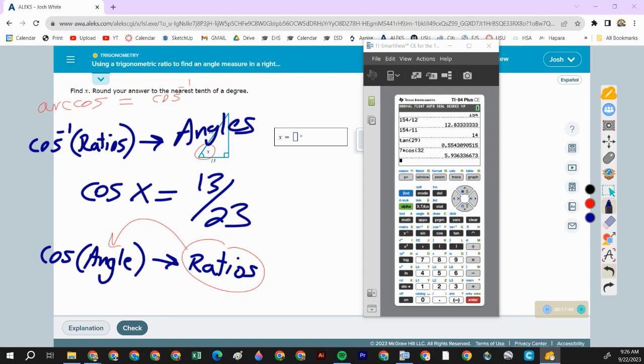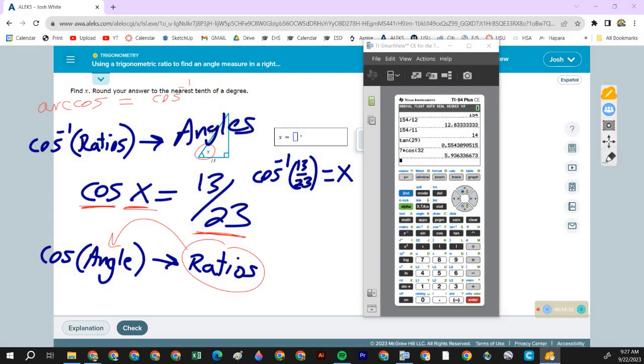So if you know the angle, you use sine, cosine, and tangent every single time. If you don't know the angle, then you use sine inverse, cosine inverse, and tangent inverse. So here, the cosine of x is 13 over 23, which means that the cosine inverse of 13 over 23 is x.